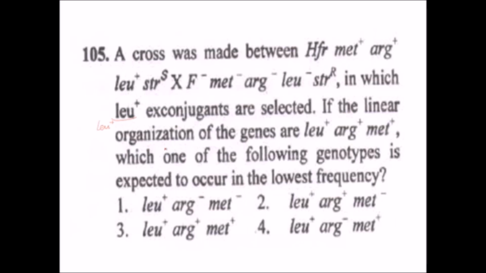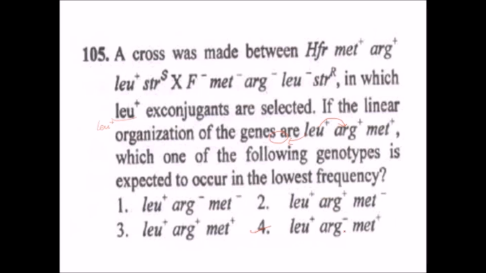If the linear organization of the genes is leucine, arginine, methionine, it means leucine followed by arginine and methionine. Which one of the following genotypes is expected to occur in the lowest frequency? The lowest frequency will be number 4, because if leucine is followed by arginine, then it will be methionine. Is it possible that leucine is transferred first, but it will always be followed by arginine?